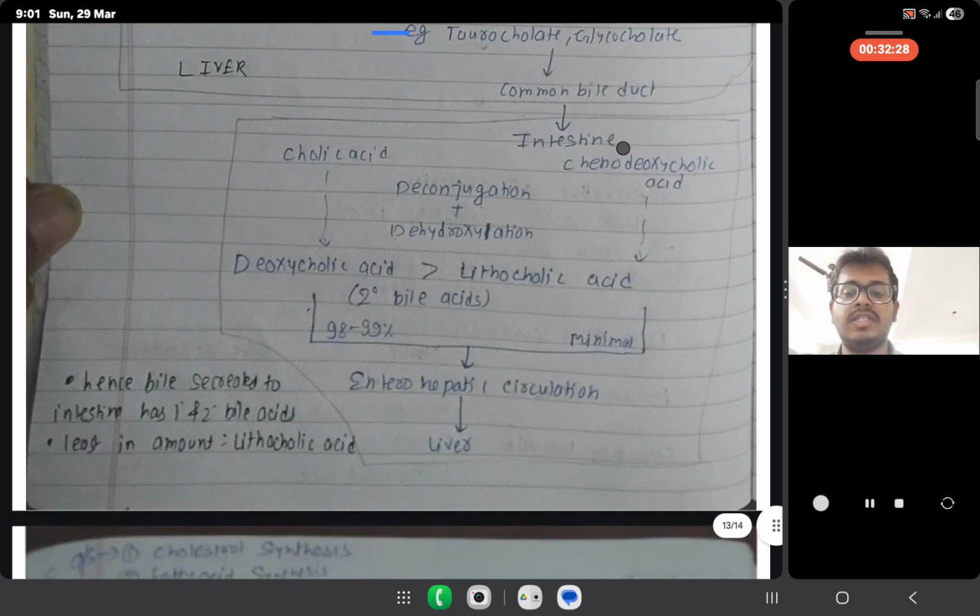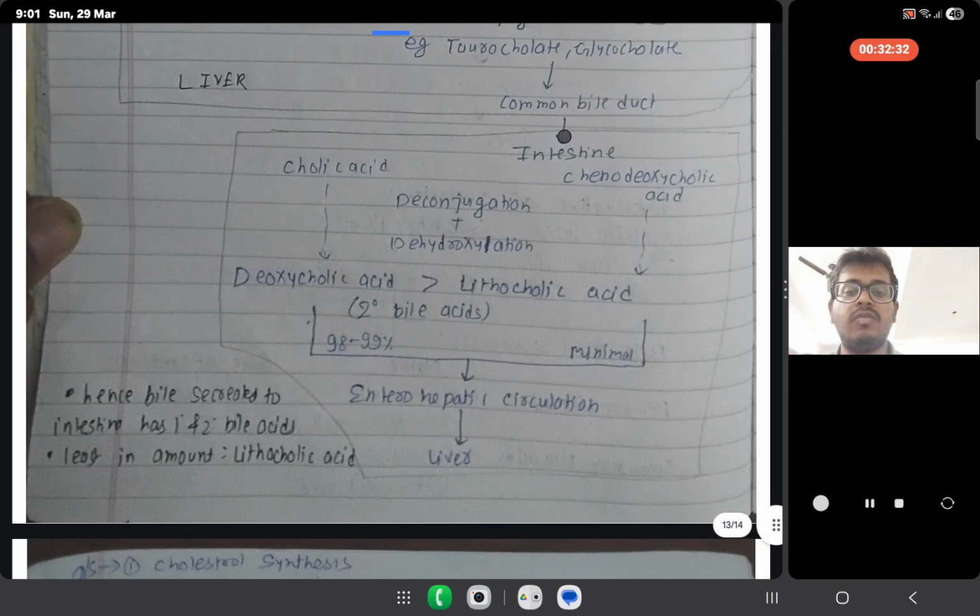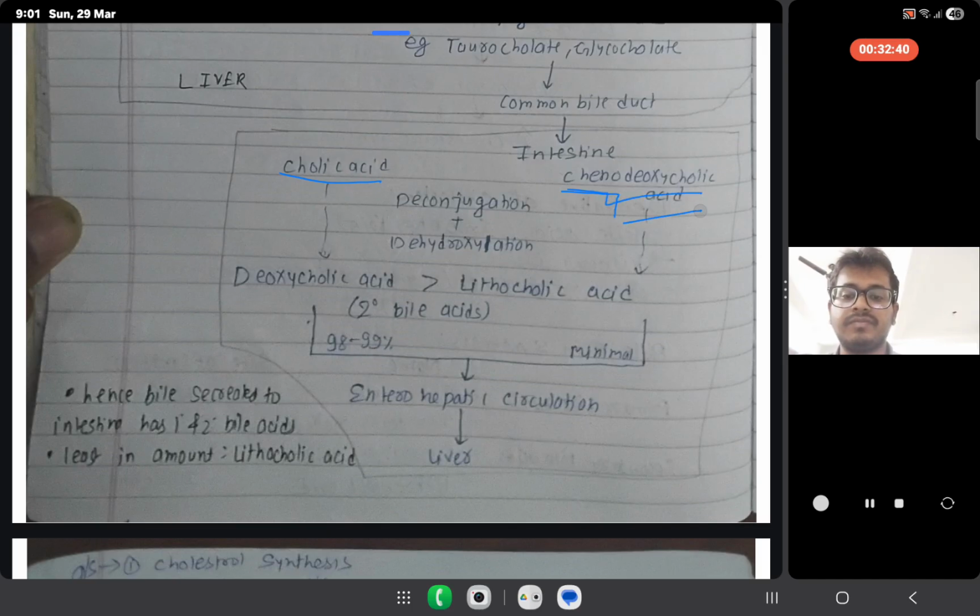Now another step is in the intestine. They go to the intestine. Cholic acid is converted to deoxycholic acid, and chenodeoxycholic acid is converted to lithocholic acid.